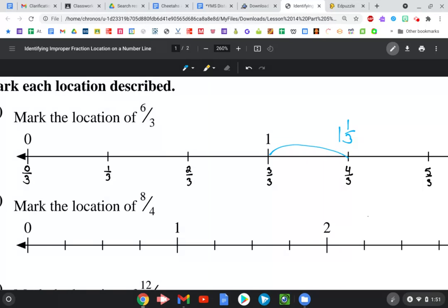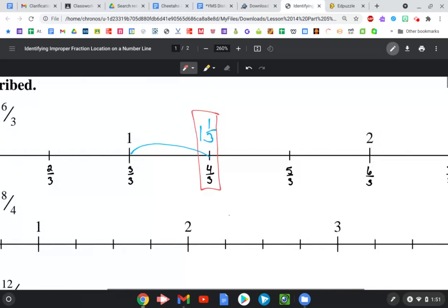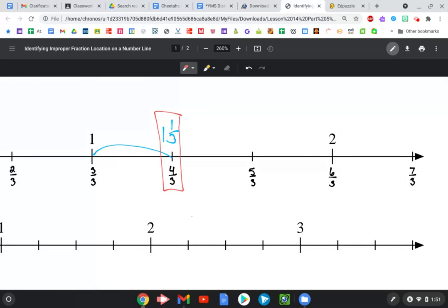1 and a third and 4 thirds are the same number. Notice they take the same location on the number line. They are equivalent names. So we can continue on using mixed numbers and label the rest of this number line. 5 thirds is the same as 1 and 2 thirds.